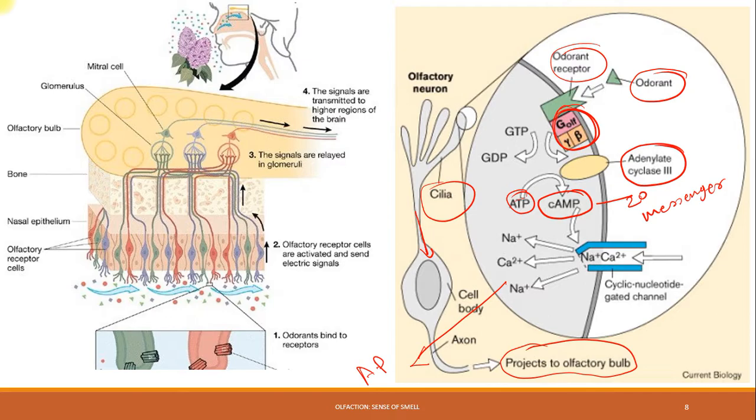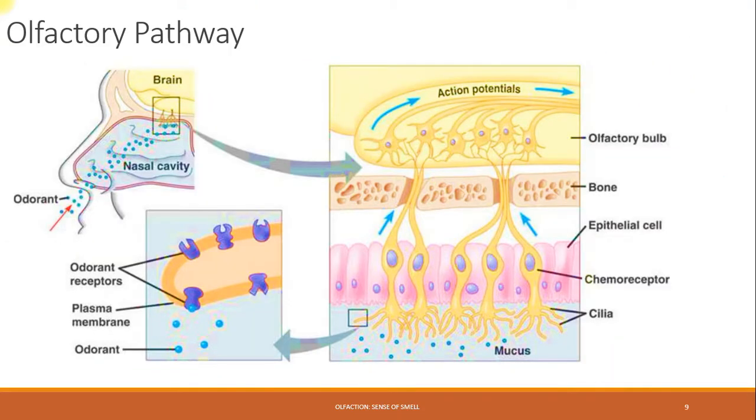Okay, so let's see what the olfactory pathway is. You can see over here the cribriform plate, the bony structure present at the superior portion of the nose, at the ceiling of the nose.